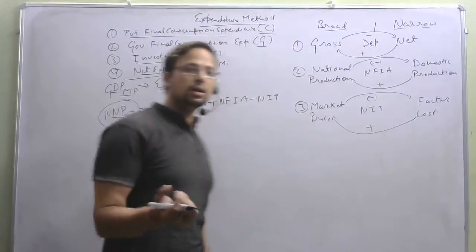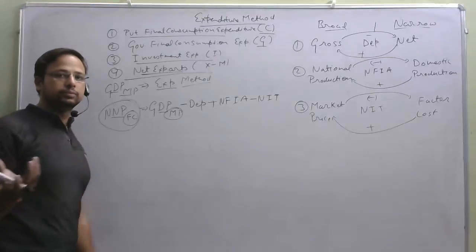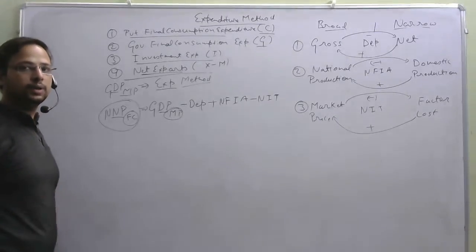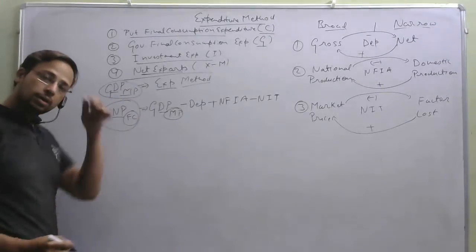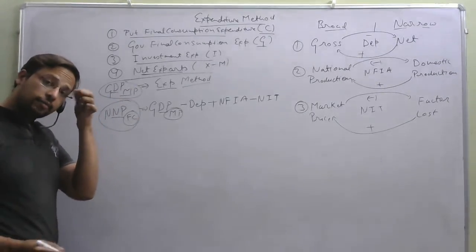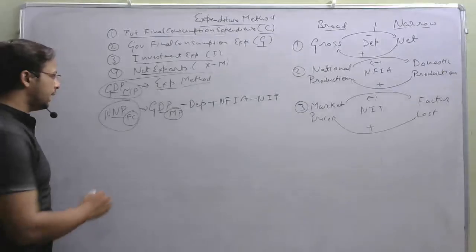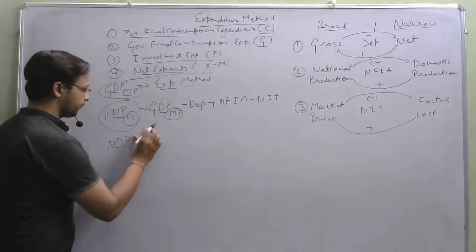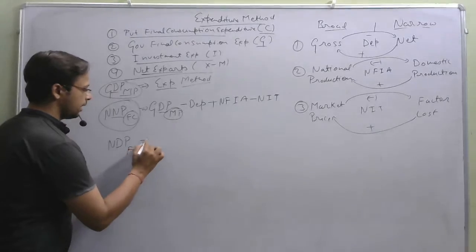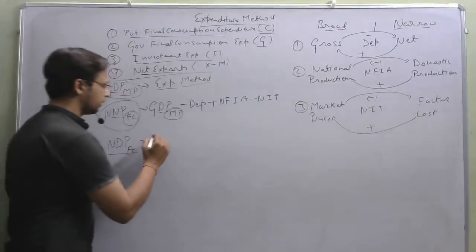When we do the calculation from the product method, the aggregate which we get is also GDP at MP. And when we do it by the income method, the aggregate which we get is NDP at FC.